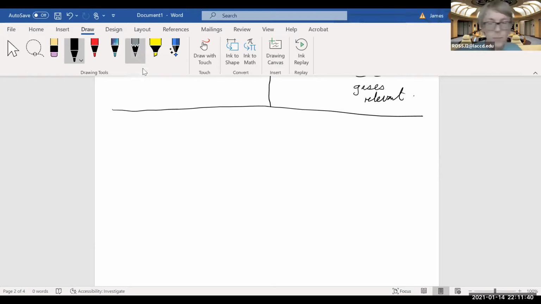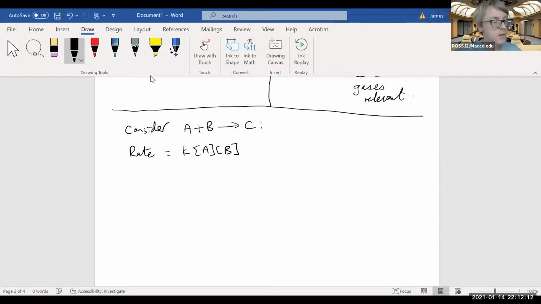So to try and keep this a bit more kinetics oriented for now, let's consider A plus B to give C. All right, so we can say that the rate is a rate constant times A, B. So this is a bit more focused on kinetics only.